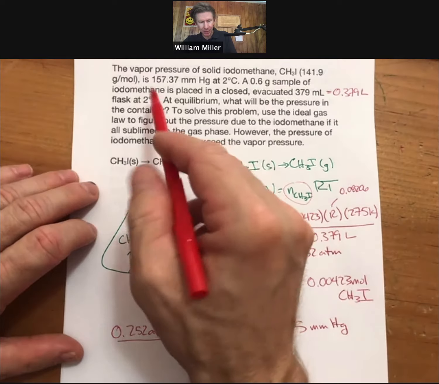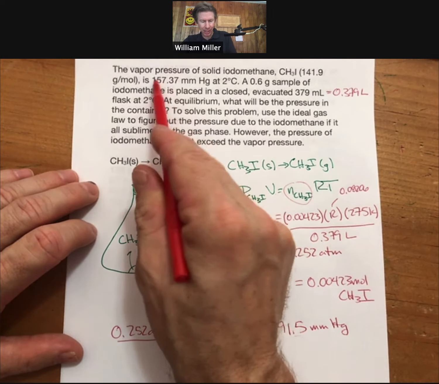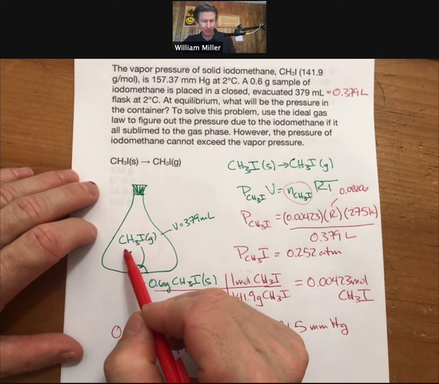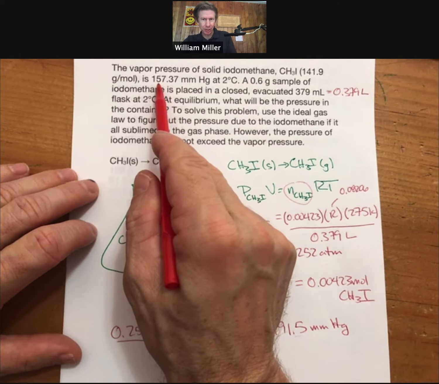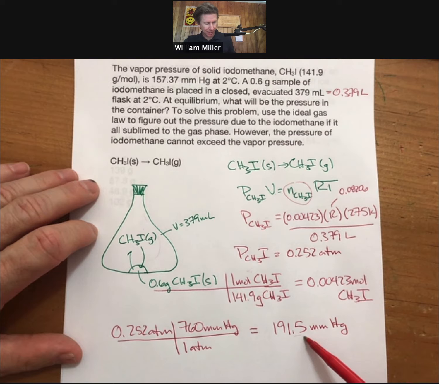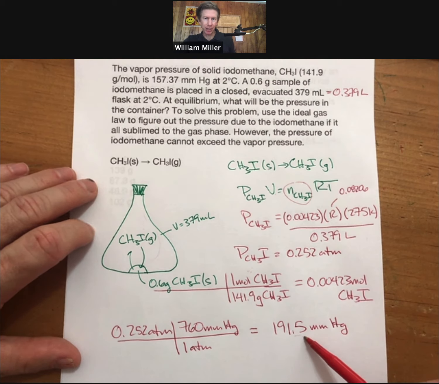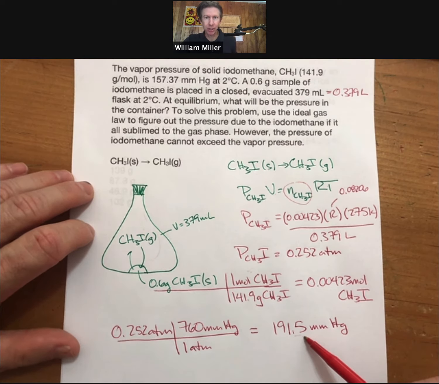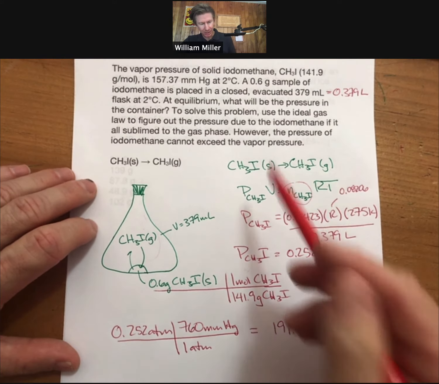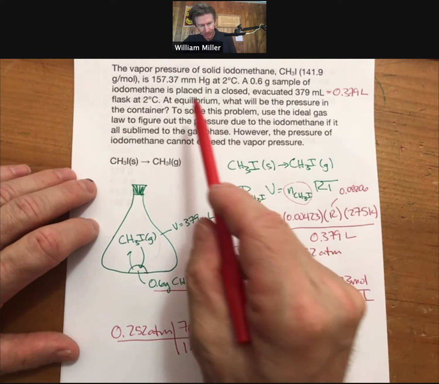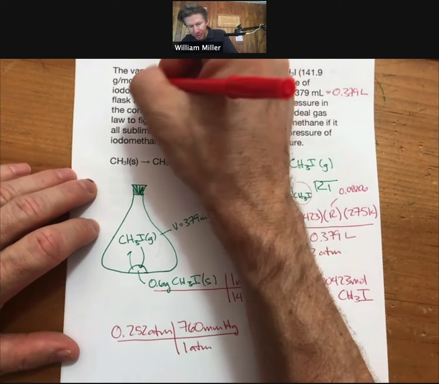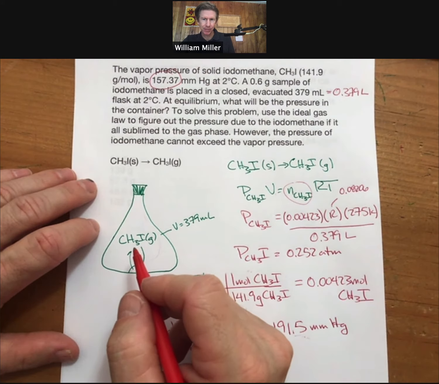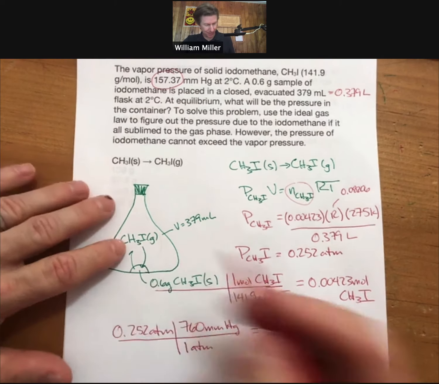The vapor pressure sets the limit on how much the pressure can be in this vessel. So it hits that pressure before it gets to all evaporate, to all go into the gas phase. So now, at equilibrium, what will be the pressure in the container? It will be the vapor pressure because it cannot go any higher than that.